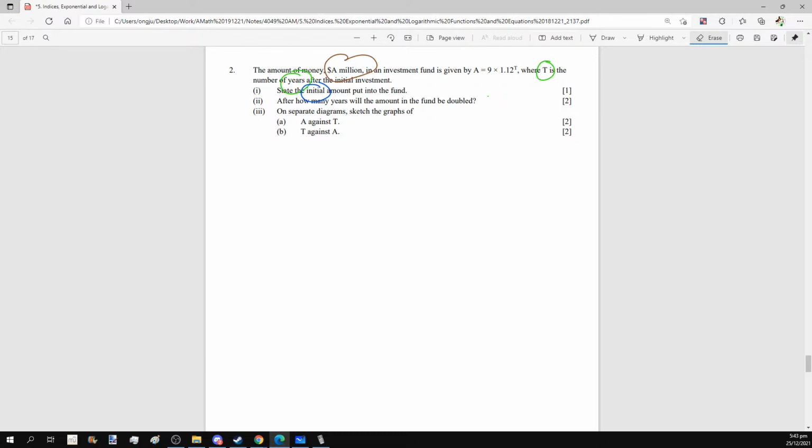This should be pretty trivial, I would say. So A against T will simply be a classic situation of the exponential graph. In this case, what we will see is that it will very obviously be an increase, right? We should have the following scenario.